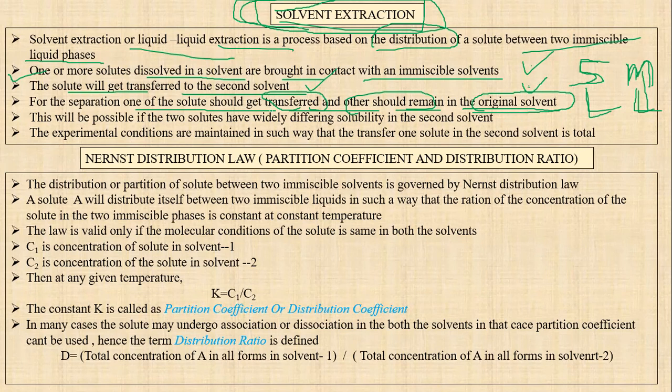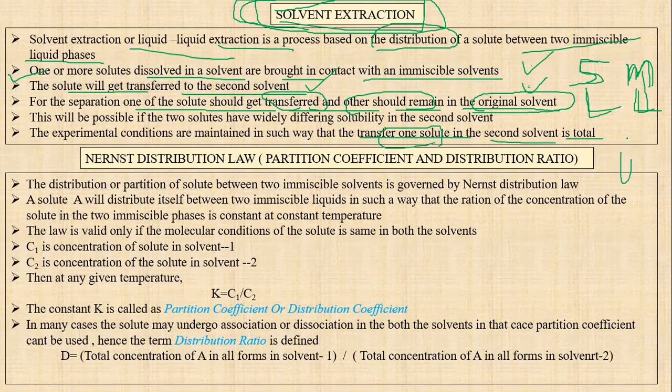Hence I told you the technique is used in each and every reaction. Experimental conditions are maintained in such a way that transfer of one solute to the second solvent is total. One of the solutes from the aqueous phase should get transferred to the organic phase.